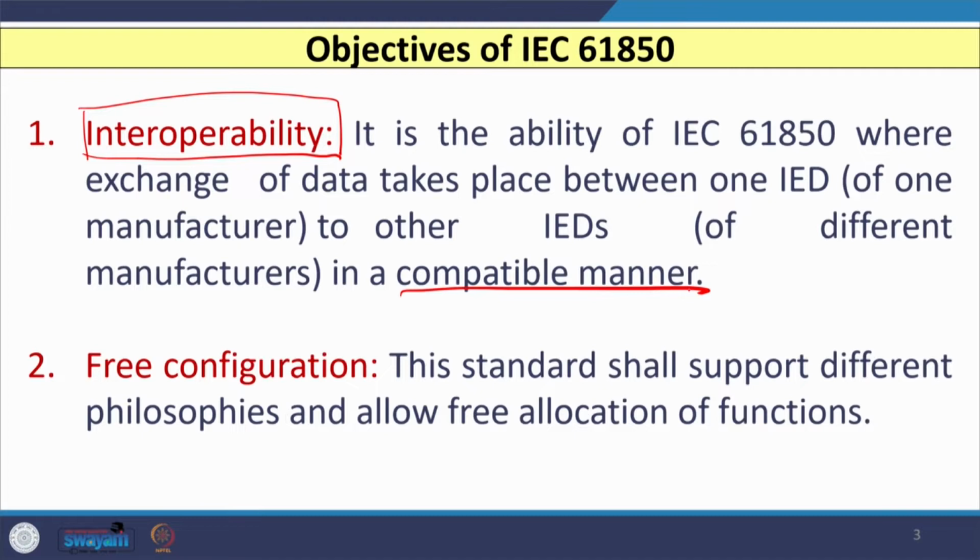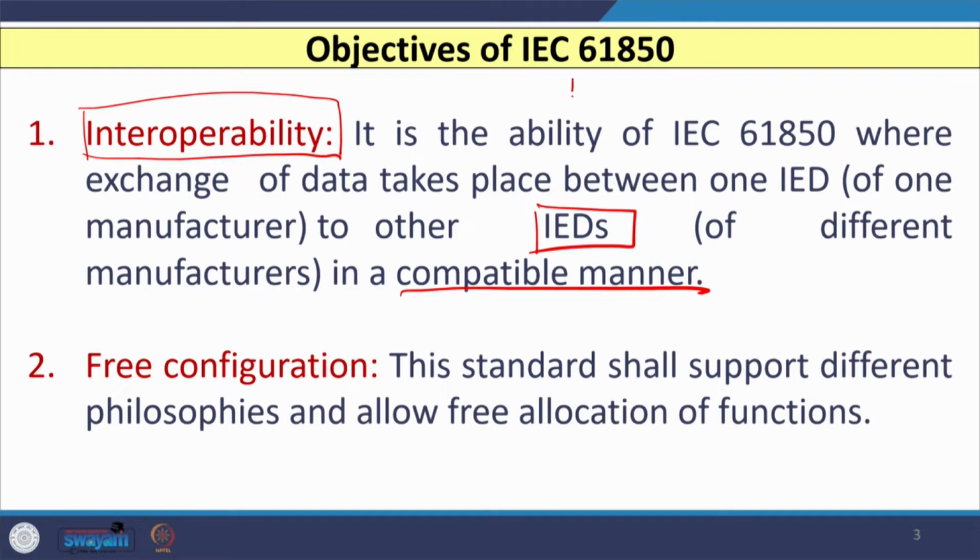When we have a number of IEDs installed at local or remote substations, and one IED wishes to communicate with other IEDs of different manufacturers, how can this be possible in a compatible manner? This is the main objective of IEC 61850. As I told you, IED stands for intelligent electronic device.